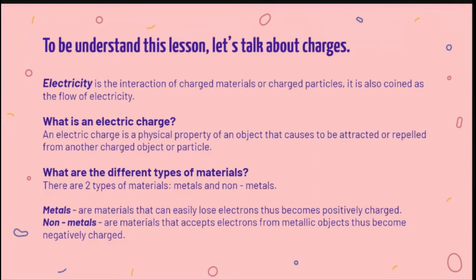To further understand electricity, let's talk about charges. When there is an electric charge, we expect that there is electricity. But how is electricity connected with electric charge? An electric charge is a physical property of an object. Remember that an object is matter, and matter is built out of atoms. So it has subatomic particles, and that physical property of a material is an electric charge.